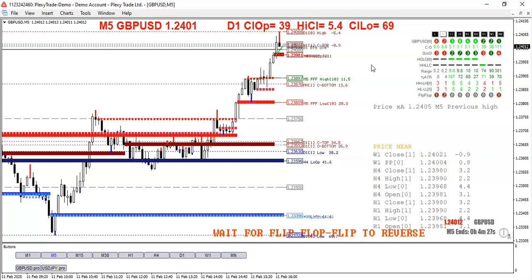Now, the idea is that price is going to make a higher high for at the time of the day. The highest high of the day right now is here.